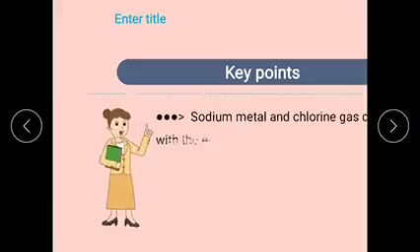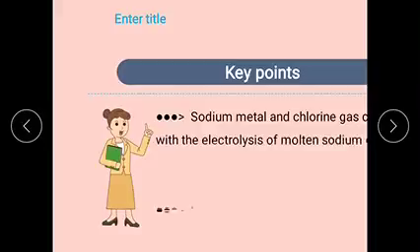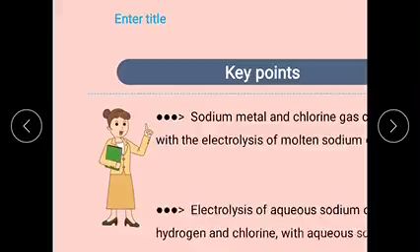Sodium metal and chlorine gas are obtained in the case of electrolysis of molten NaCl. In the case of electrolysis of aqueous NaCl solution, it produces hydrogen and chlorine gas.